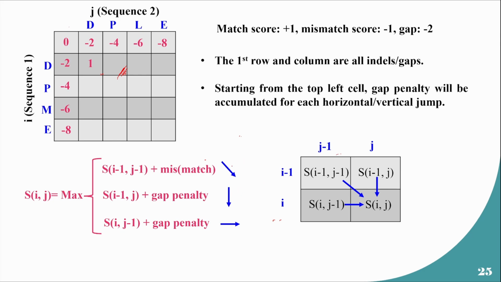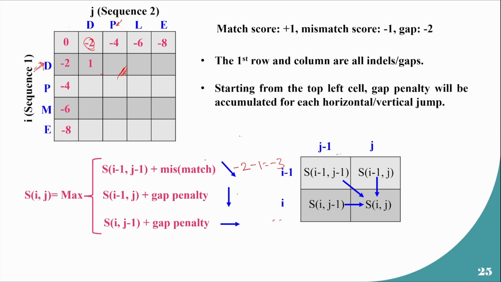For the diagonal path, since this is a mismatch, P versus D here, we have to add a score of -1. We are starting from -2, so -2 plus -1 will be -3.